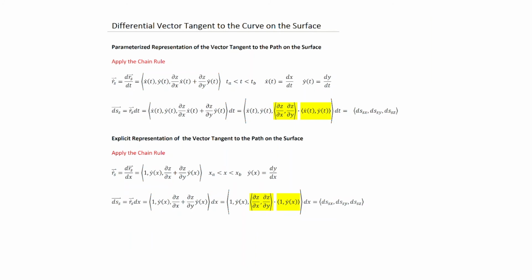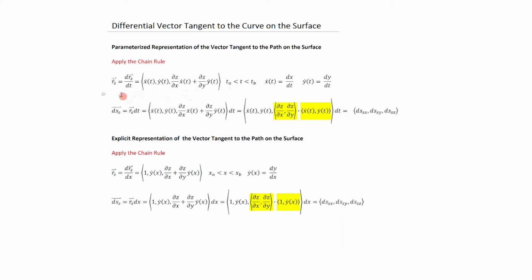Okay, so we want the differential vector tangent to the curve on the surface. For the parameterized representation of the vector tangent to the path on the surface, we take the derivative with respect to the parameterization variable t. This is the position vector. We had x, y, and z, which was a function of x and y. But we want the derivative with respect to t, so on this term here, we're going to have to apply the chain rule.